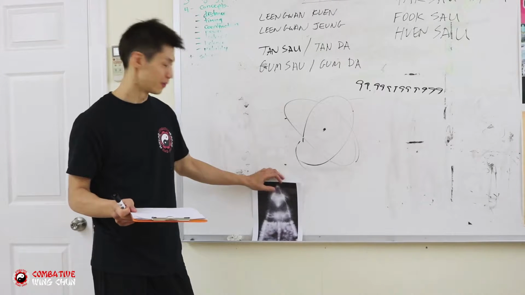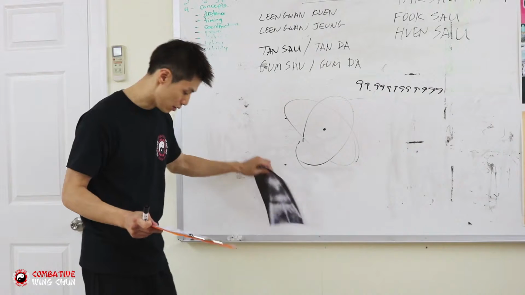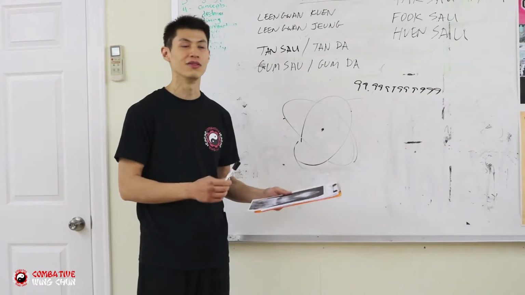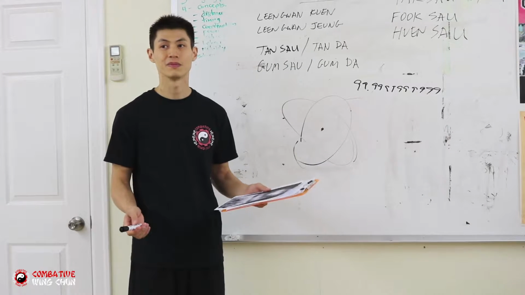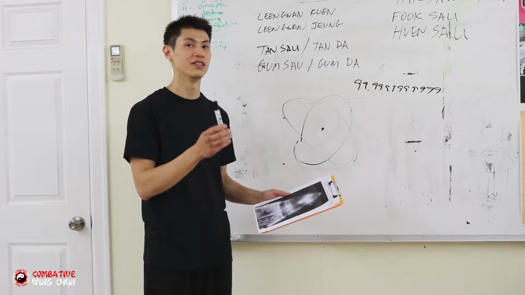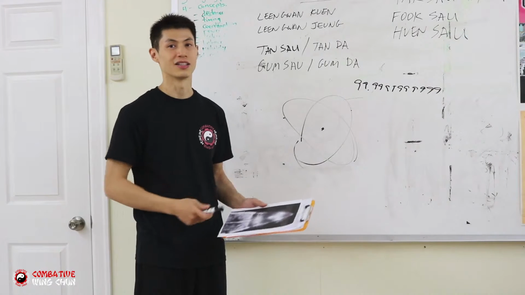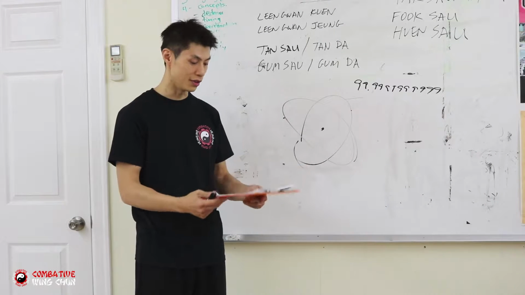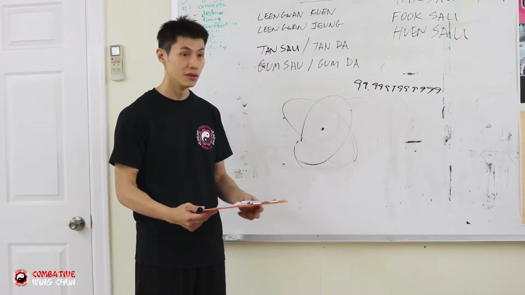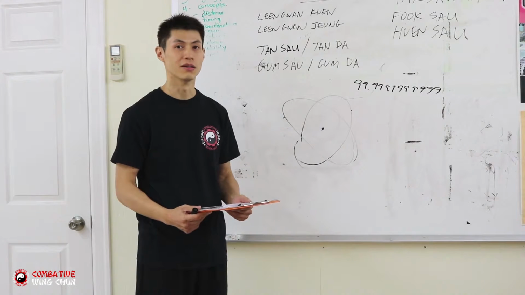Isn't that weird? So what they found was that every living thing and even non-living things have an energy field. So even if you cut it off, the energy field is still intact. Okay, what does that mean to you? Mind over matter.